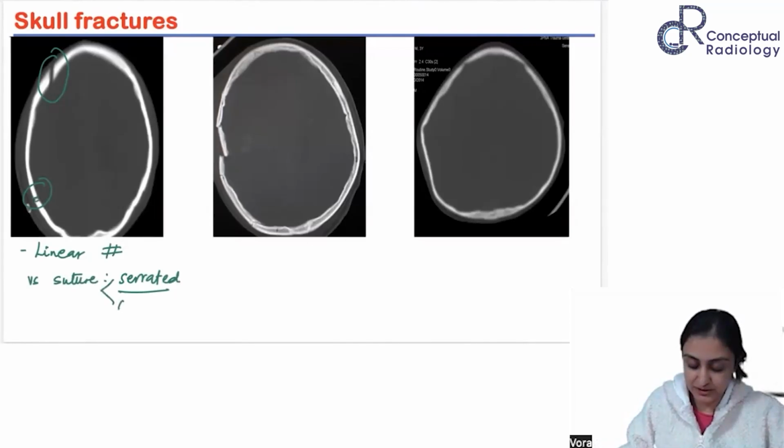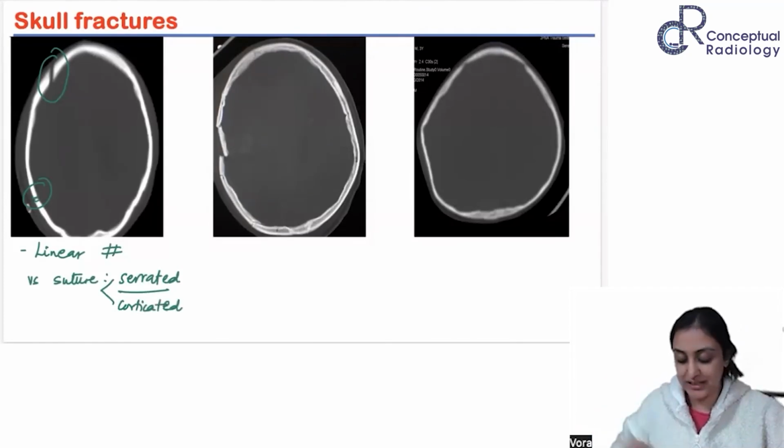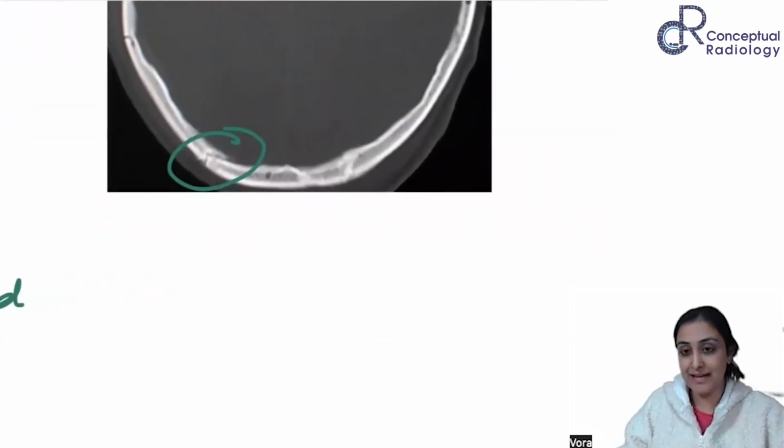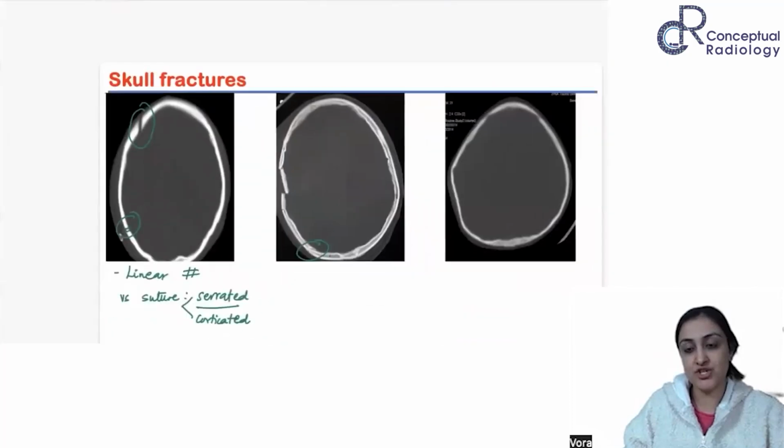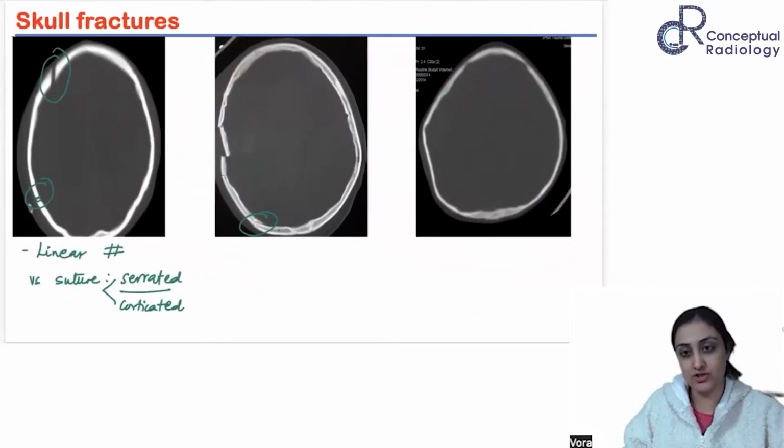The second pointer is that sutures will have cortication, so you're going to see a white cortical rim around the sutures, which you will not see in a fracture. It's going to be a sharp line without any cortication. And the third point is that sutures are going to be bilaterally symmetrical.